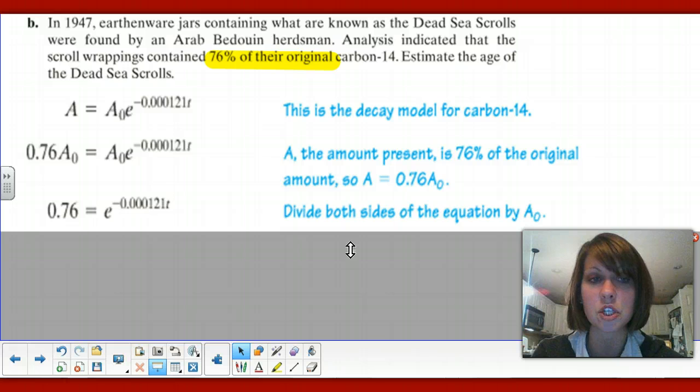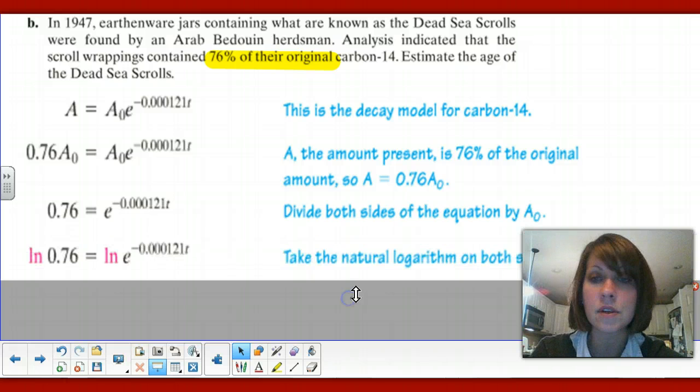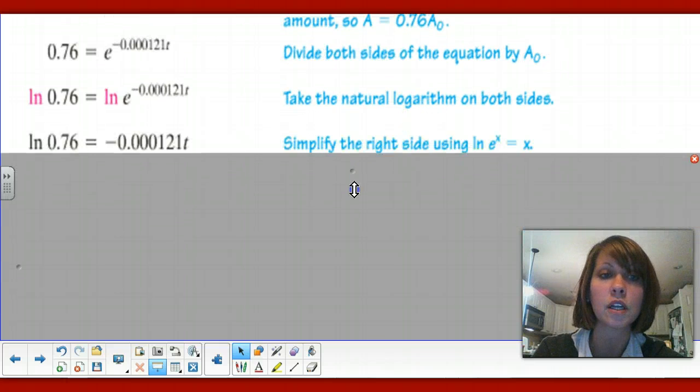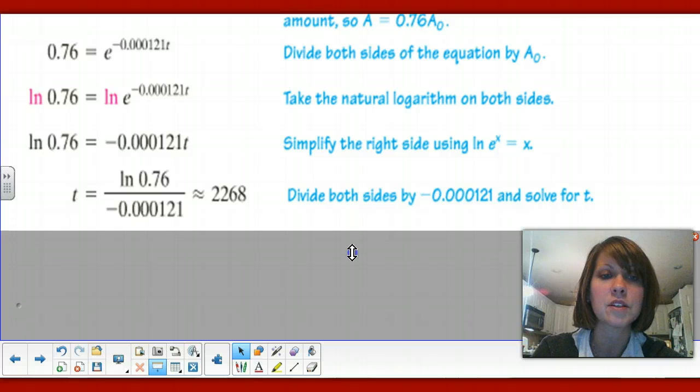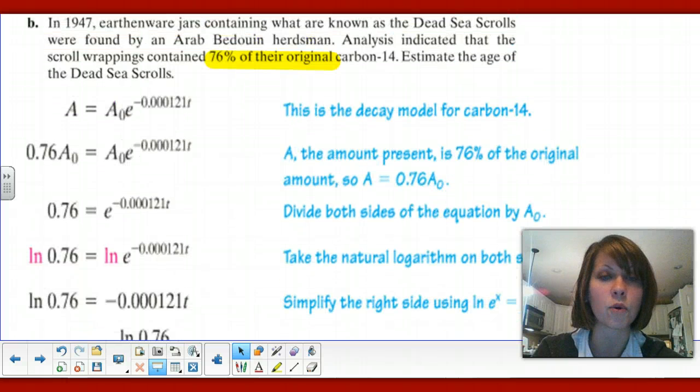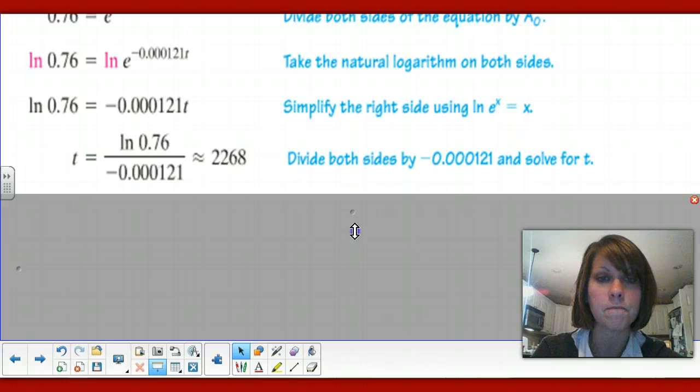That's what this process is showing us. It divides away. Natural log both sides. You should be getting really, really good at this by now. And so it's saying 2,268 years. And this was really 2,268 years before 1947. Okay?